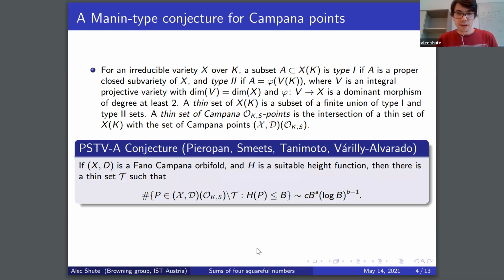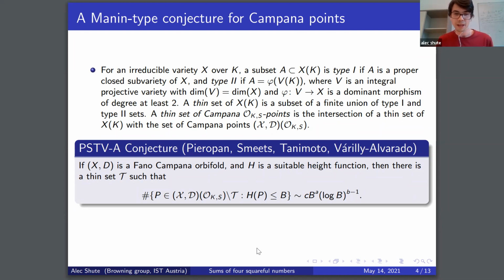In 2019, Pieropan, Smeets, Tanimoto, and Várilly-Alvarado formulated a Manin-type conjecture for Campana points, which I'm going to call the PSTV-A conjecture. It says that if (X, D) is a Fano Campana orbifold and H is a suitable height function, then provided we allow ourselves to remove a thin set T, the number of Campana points of bounded height should behave like a constant times B to the a times log B to the b minus 1.